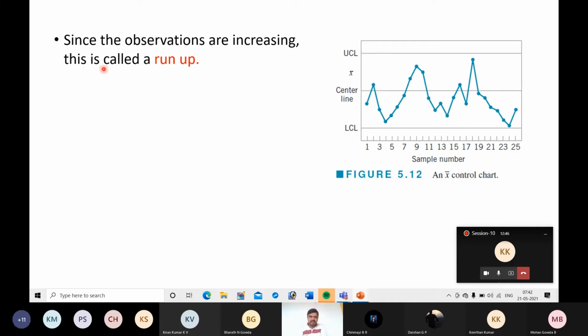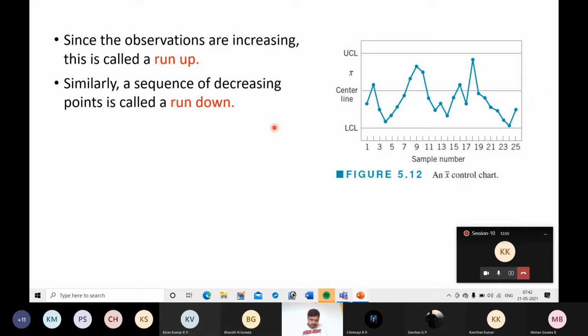Since the observations are increasing, this is called a run up. In this example, this is a run up since they are in increasing order. Similarly, a sequence of decreasing points is called a run down. If you observe here, after this 18th point, the remaining you can see 19th sample, 20th sample, 21, 22, 23, 24, it is followed by a decreasing order.